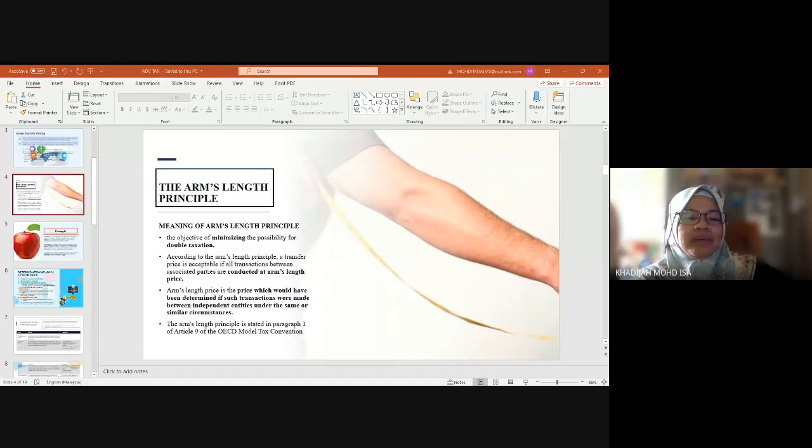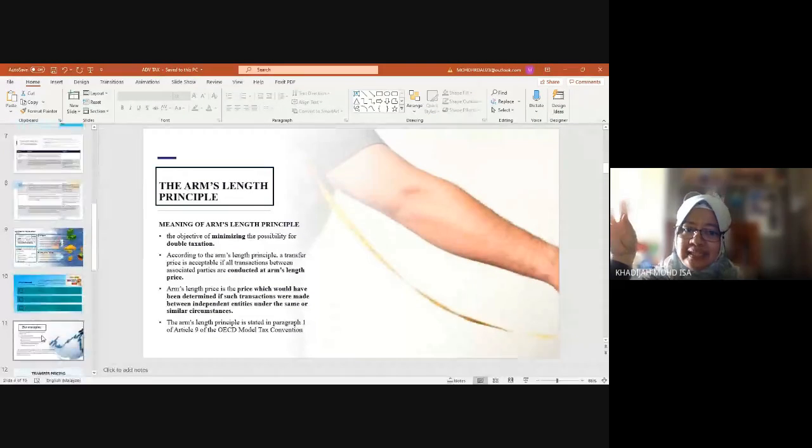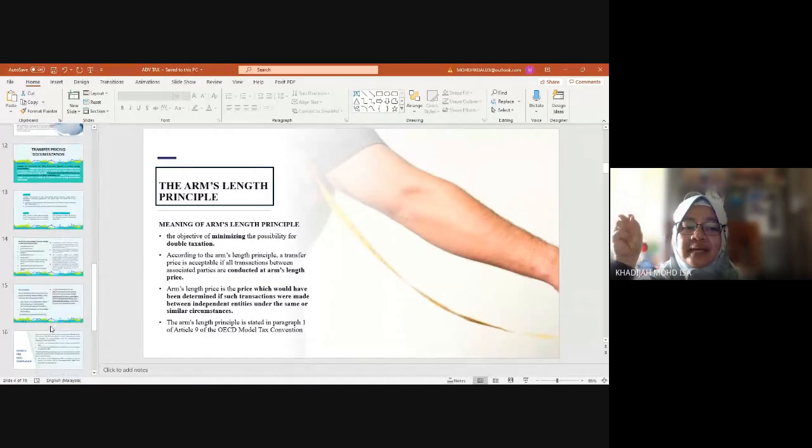Okay, if I were to ask you again, why is it so important about this transfer pricing? You said just now in your conclusion, company must be aware of the transfer pricing regulation in order to avoid penalty imposed by the government. So why is it so important for them?